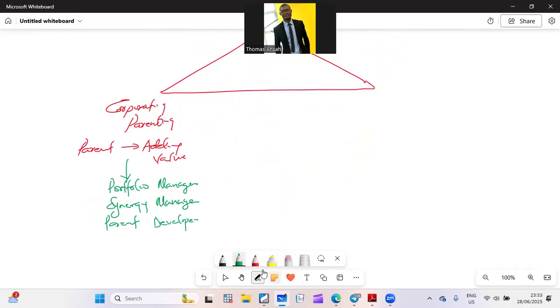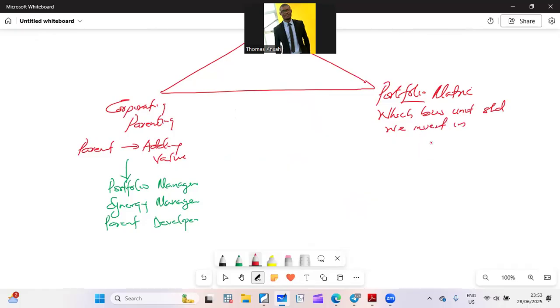On the other side, we are looking at the portfolio matrix, and that is where some models come in. All right. So this is all about which business units we should invest in.